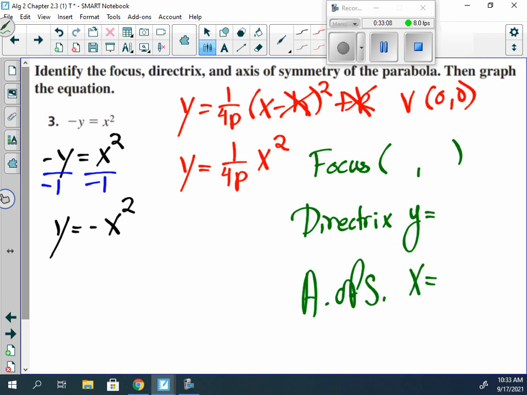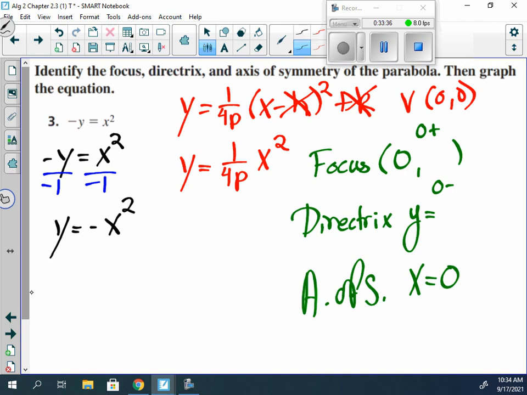Our focus for this here is h comma k plus p, but we know that h is 0 and k is 0 plus whatever p is. Our directrix will be 0 minus p, and our axis of symmetry is just 0. Yes? So we just need to find the value of p.